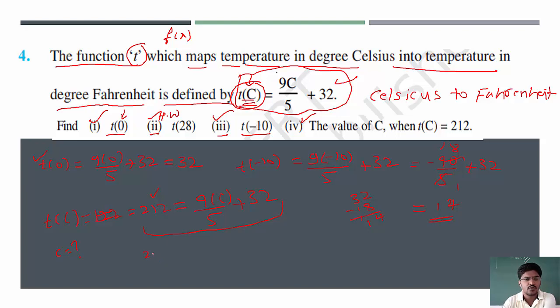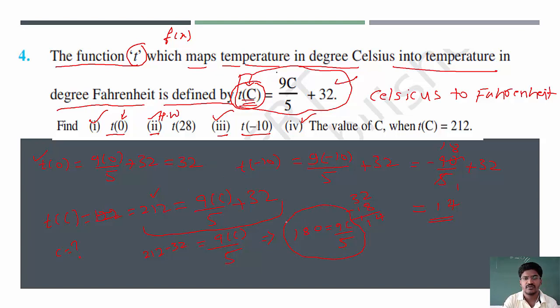Clear? So 212 minus 32 equals 9C divided by 5. 212 minus 32 means it will be 180. So 180 equals 9C divided by 5.